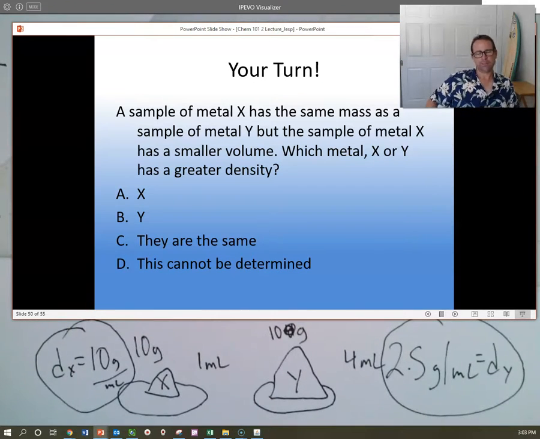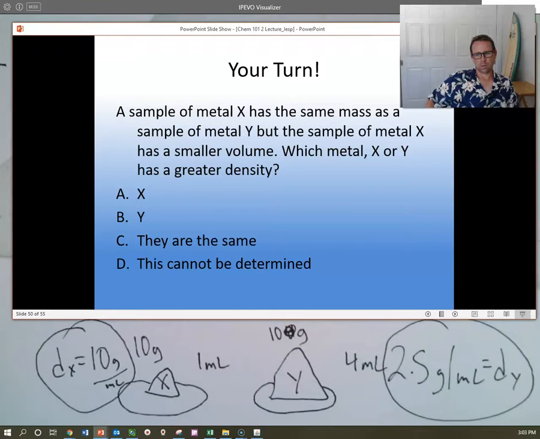Okay, very good. So at face value, I had said that Y, but before we did all this, I could have just looked at the ratios and realized that X had a bigger density.